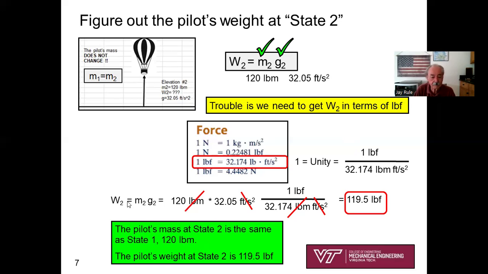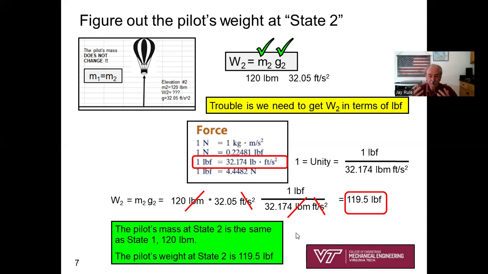And so I'll write out my fundamental, W equals mg, 120 pounds mass, 32.05 given feet per second squared. And here's my unity conversion. And so it's just so easy. Take the time to do this because it's so easy to strike out units to see that you're correctly ending up with pounds force. I'll do the math on the calculator, 119.5 pounds force.